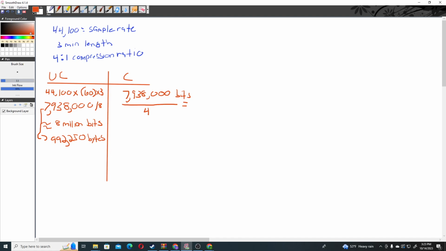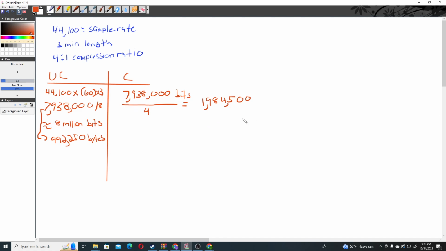We're not changing anything. So 7,938,000 divided by 4. So now we're down to 1,984,500. So we went from 7 million bits to about 2 million bits.